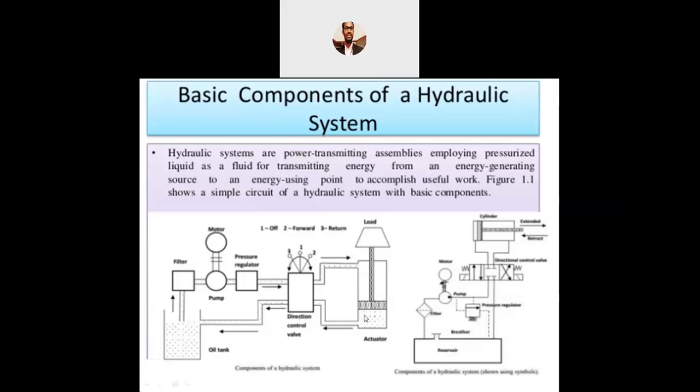When I say it is a lubricant, it is also subjected to heat absorption. The heat generated during this whole process will be absorbed by this fluid. When it absorbs the heat, obviously the temperature will be higher. The raised temperature liquid will come back to the oil tank.